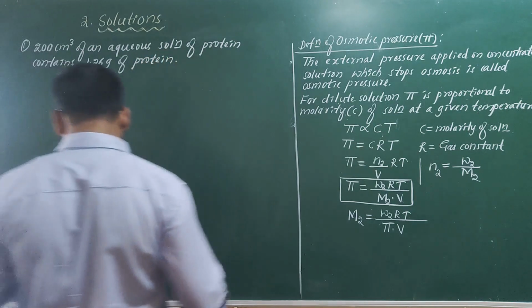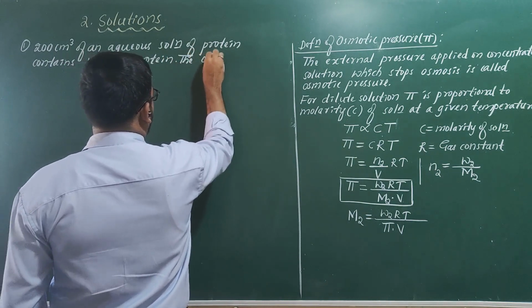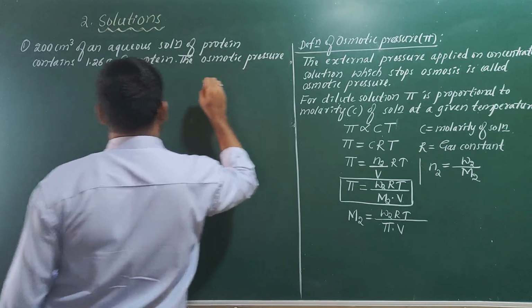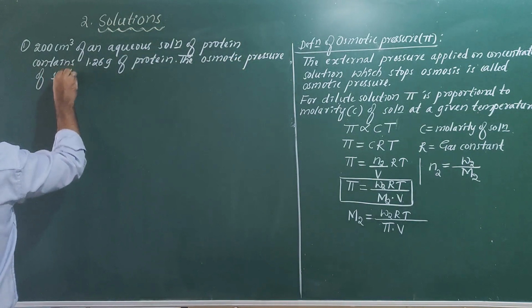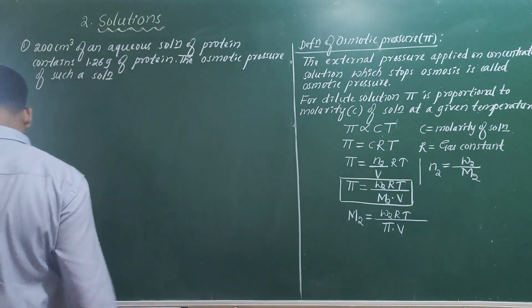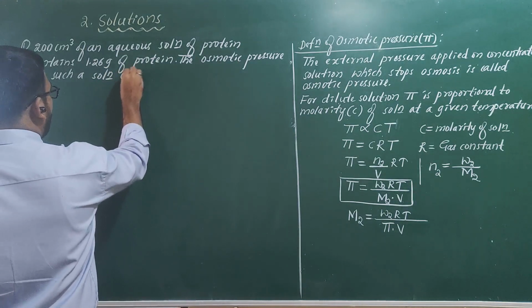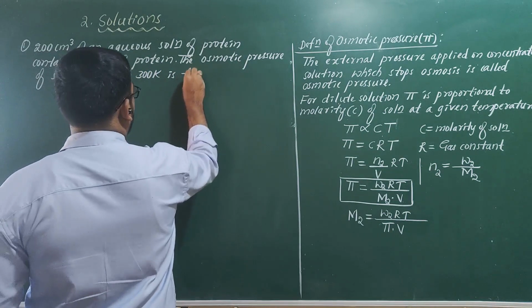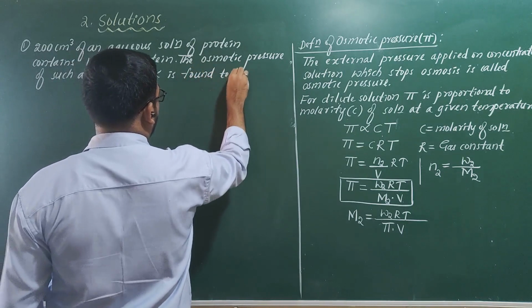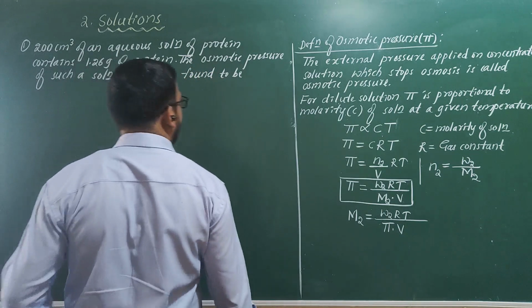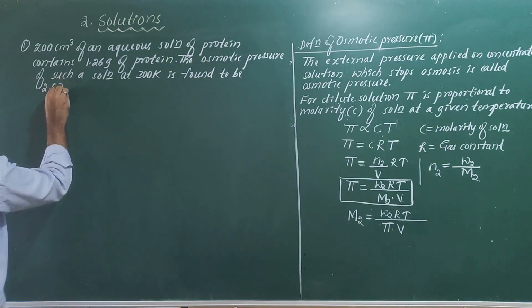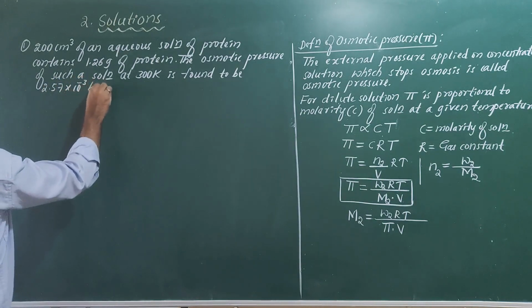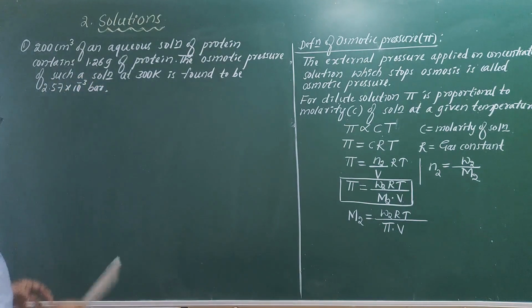The osmotic pressure of such a solution at 300 Kelvin is found to be 2.57 into 10 raised to minus 3 bar. Calculate the molar mass of protein.